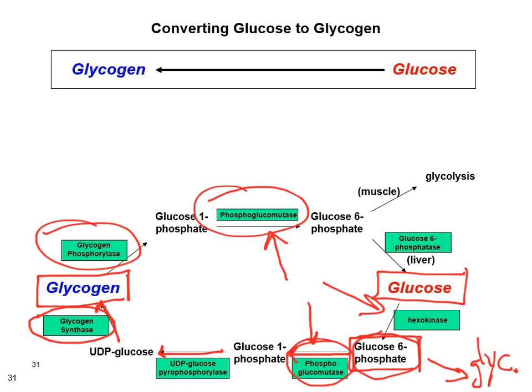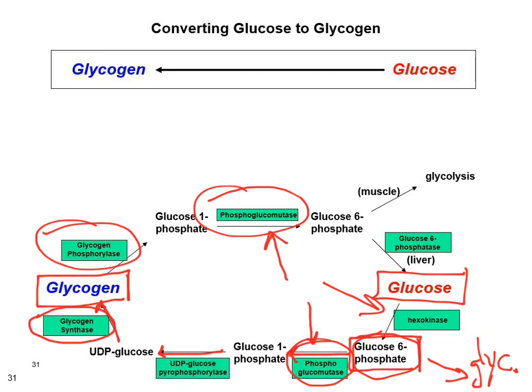And so we see this all the time in reactions like that, where the pathways are the reverse of each other. We see a lot of common enzymes in both pathways, but then we see unique enzymes. And typically the unique enzymes are the ones that are regulated.